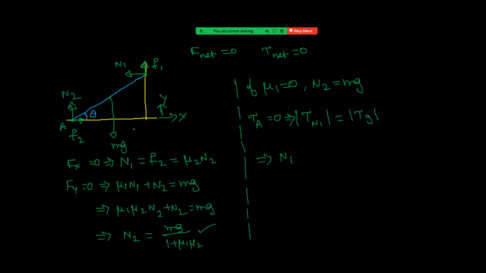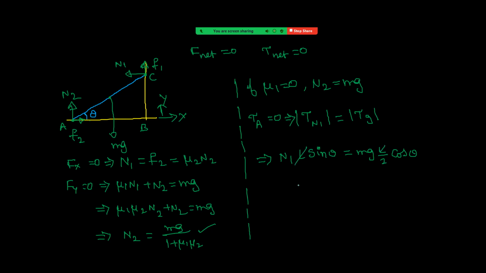Suppose this is A, this is B, and this is C. So N1 into BC, and BC value is L sine theta, if rod length is L. That should be equal to mg into L by 2 cos theta.